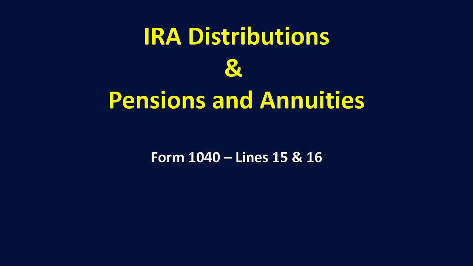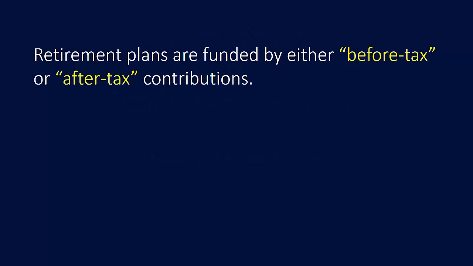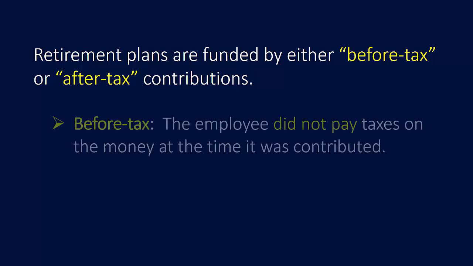Next, let's talk about IRA distributions and pensions and annuities. This is Form 1040, lines 15 and 16. Retirement plans are funded by either before-tax or after-tax contributions. Before-tax contributions mean the employee did not pay taxes on the money at the time that it was contributed.